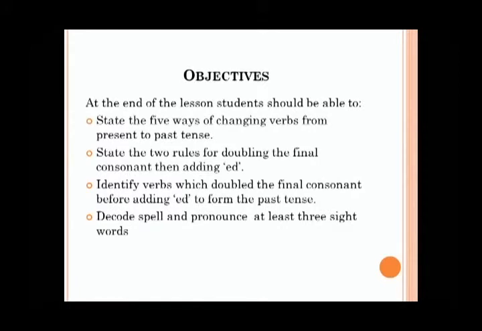At the end of the lesson, you should be able to state the 5 ways of changing verbs from present to past tense. State the 2 rules for doubling the final consonant, then adding ed. Identify verbs which double the final consonant before adding ed to form the past tense. And decode, spell, and pronounce at least 3 sight words.